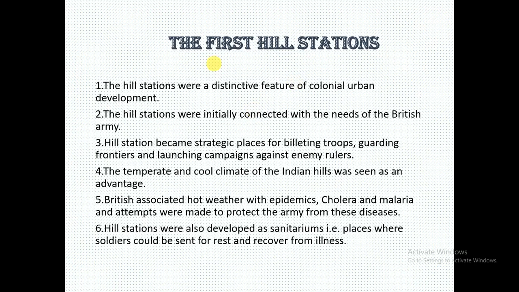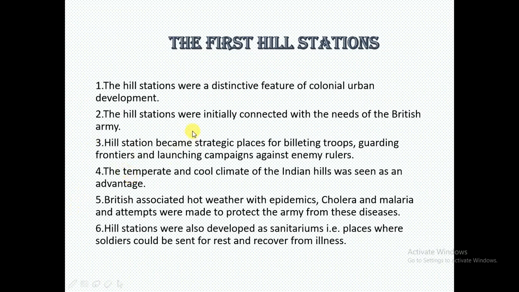Initially, the first place they chose was Simla, and later they found different places, especially in Assam and the foothills of the Himalayas and other places, right?